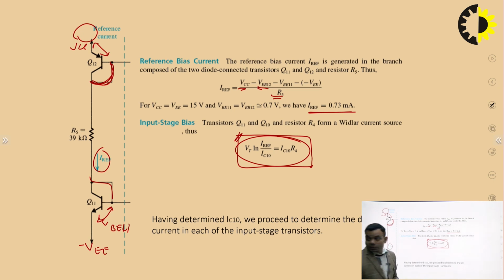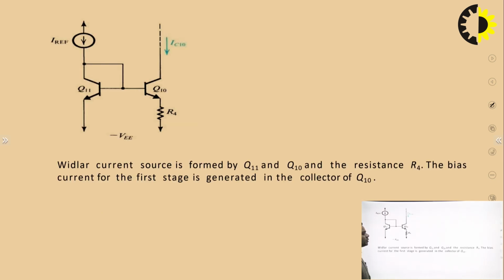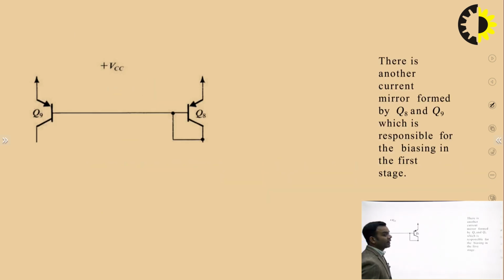So in this case, you can easily find out the reference current with respect to IC10, R4 and VT. Actually, our purpose is to find out all the currents, and Q8 and Q9 again are forming a current mirror circuit.